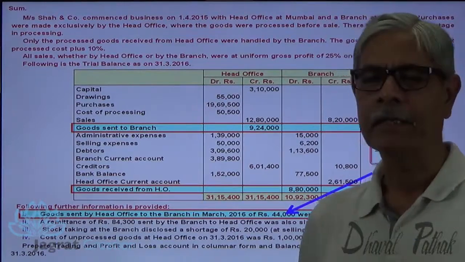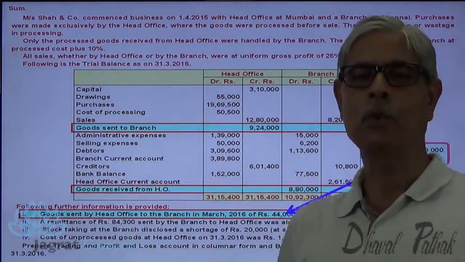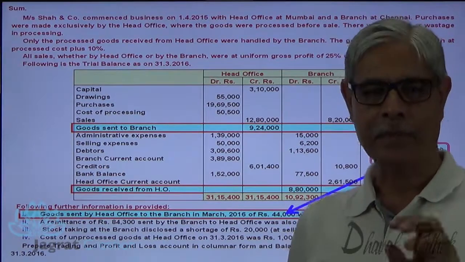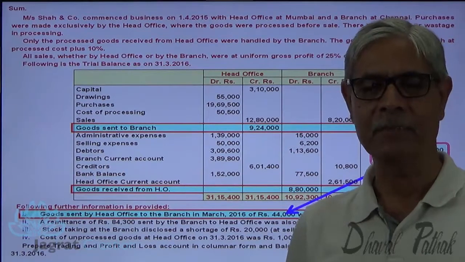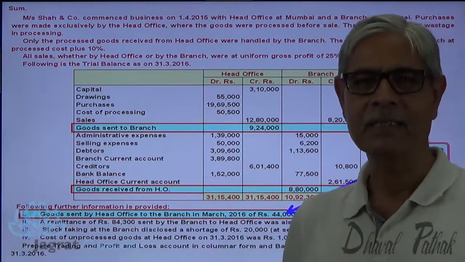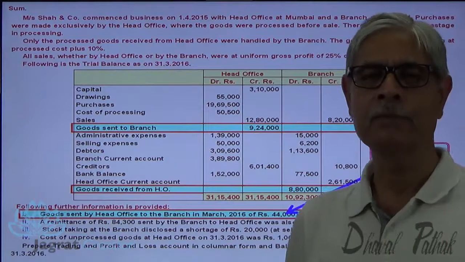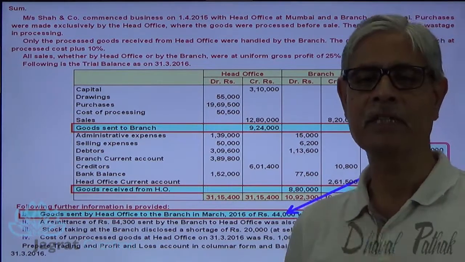Now remember one thing. Who writes the entry for goods in transit? Who writes? HO writes the entry for goods in transit, or branch writes the adjustment entry for goods in transit? Who writes the adjustment for goods in transit?